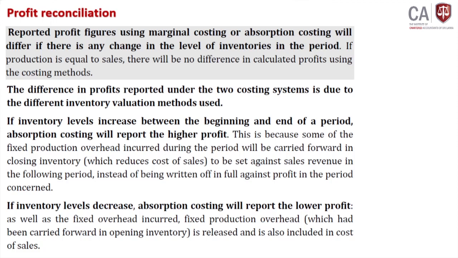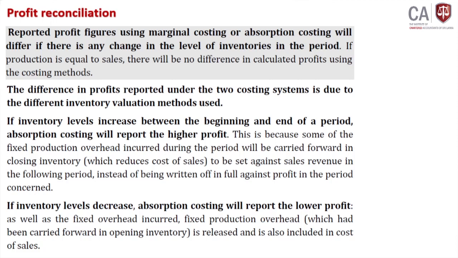Reported profit figure used in marginal costing or absorption costing will differ if there is any change in the level of inventories in the period. If there is a difference between opening inventory and closing inventory, definitely the profit you calculate according to marginal costing will differ from the profit you calculate using absorption costing.